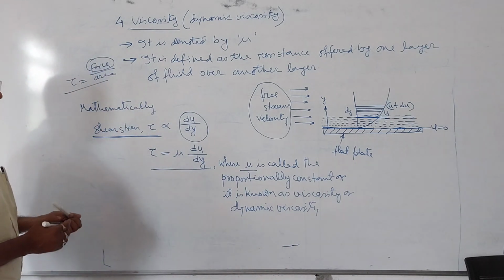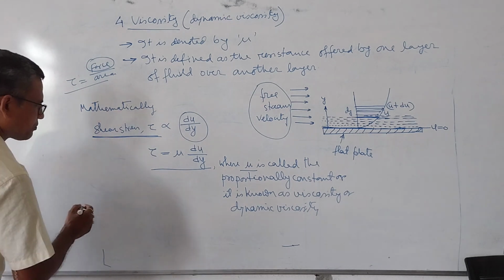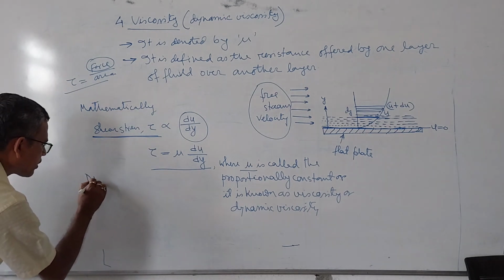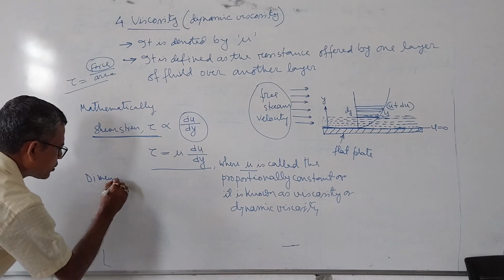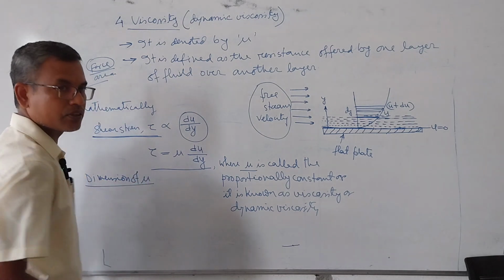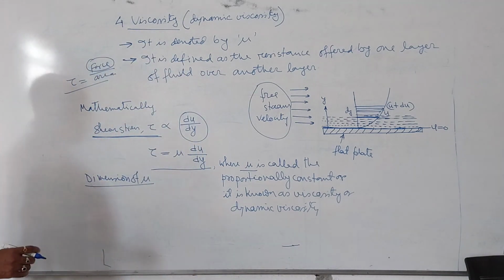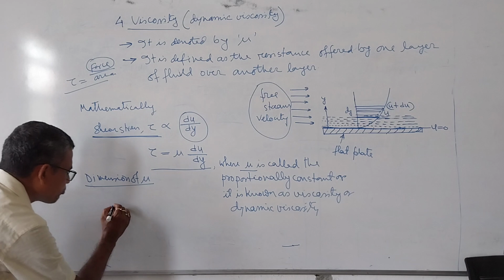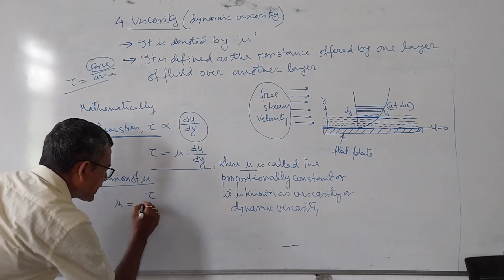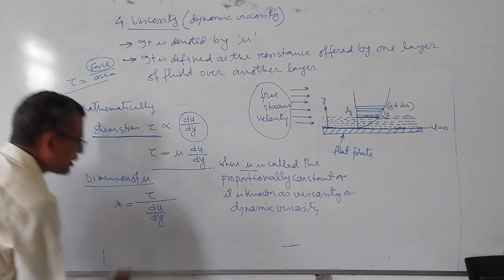Next, let me derive the dimension of dynamic viscosity. Mu is equal to shear stress divided by du by dy.